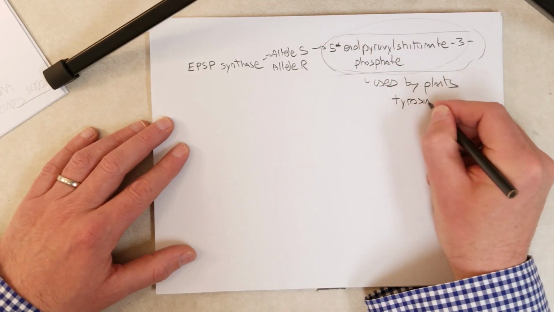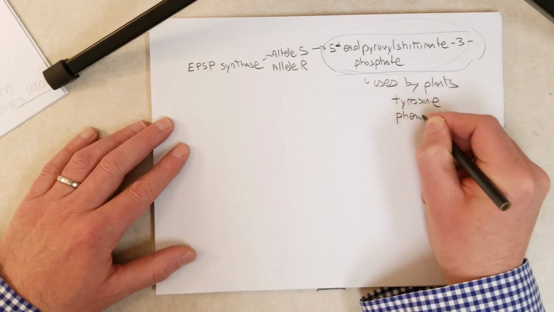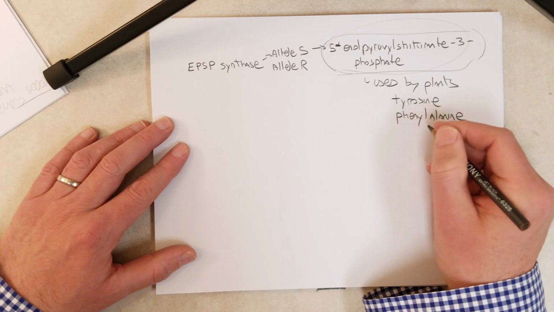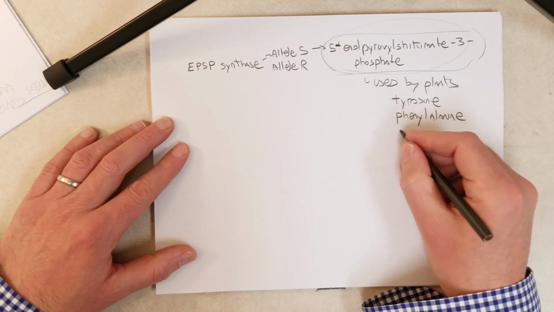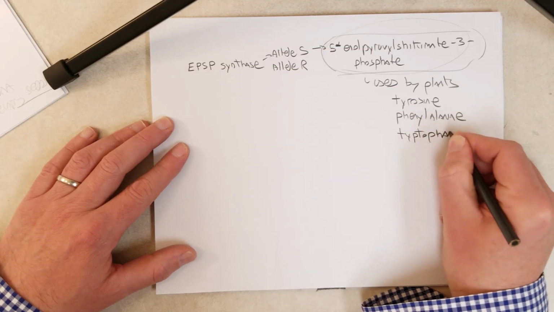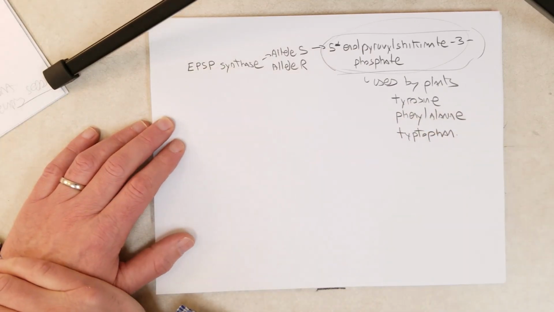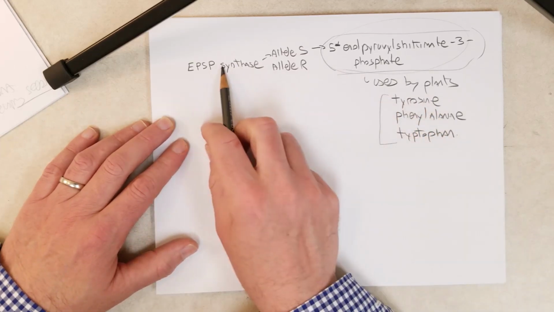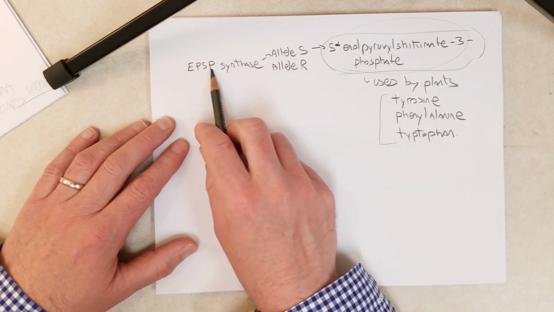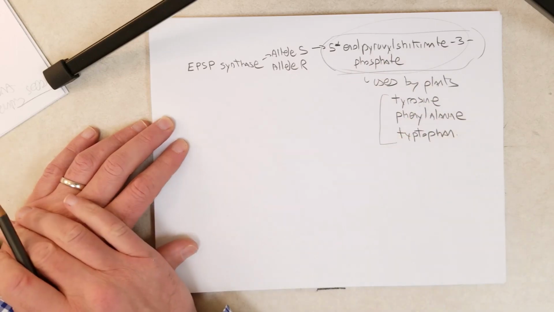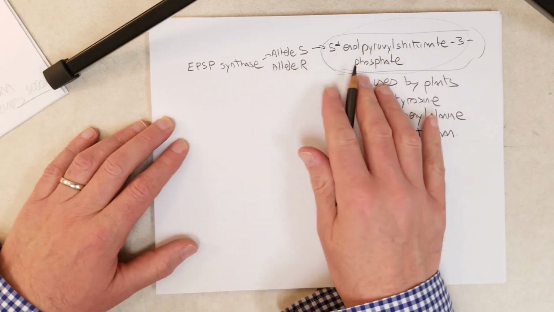These are all aromatic amino acids: tyrosine, phenylalanine, and tryptophan. Only plants use EPSP synthase to make these amino acids. Humans and animals don't use this.